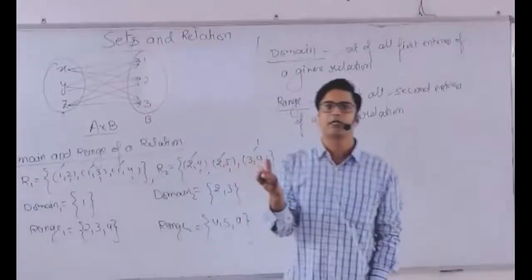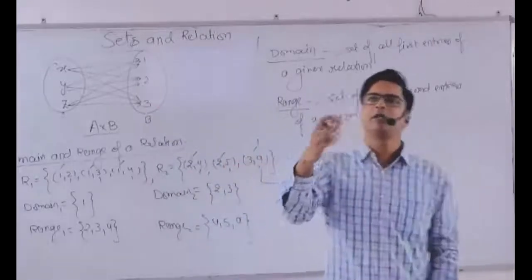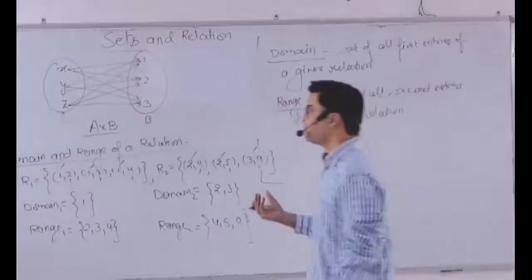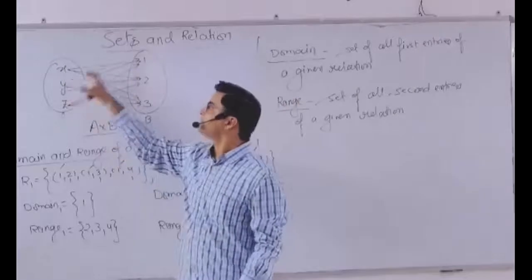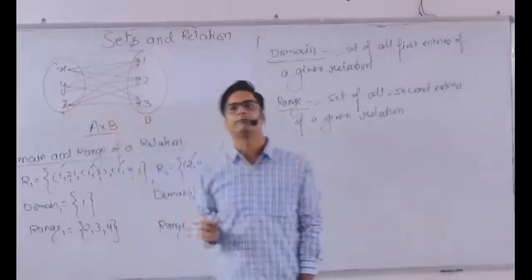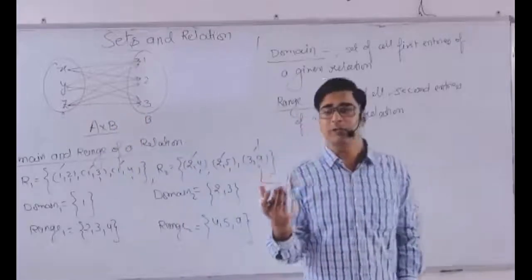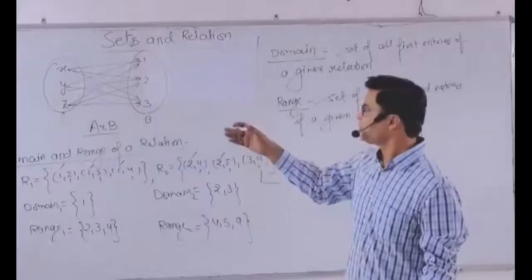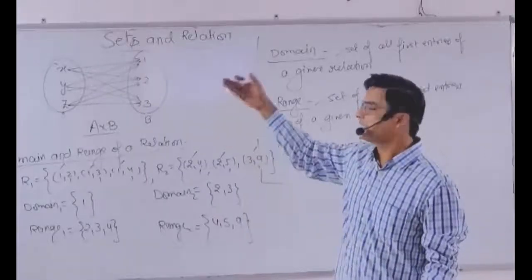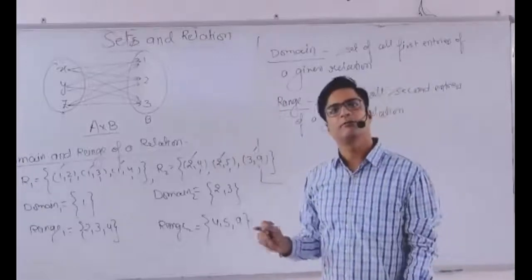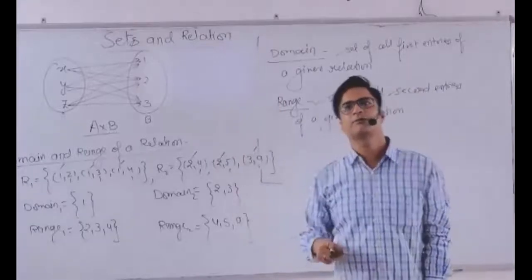In subset, we have different types of subsets possible. It is possible that X is connected to 1, Y is connected to 2, and Z is connected to 3 only. It is also possible that X, Y, Z all are connected to 2 only. It is also possible that X is connected to 1 and Y is connected to 3. That's all. That is also a relation.